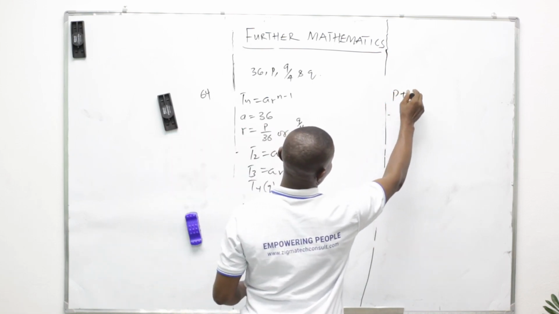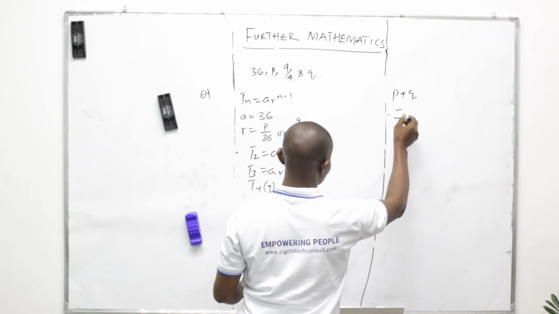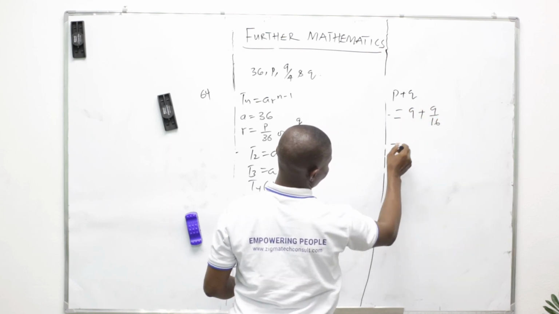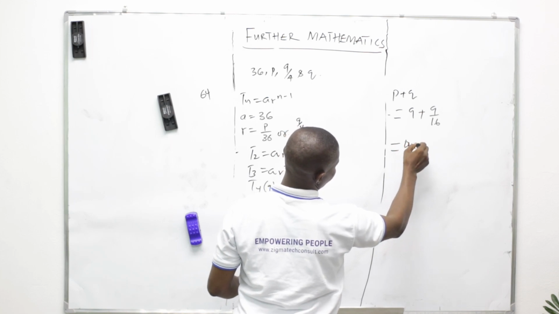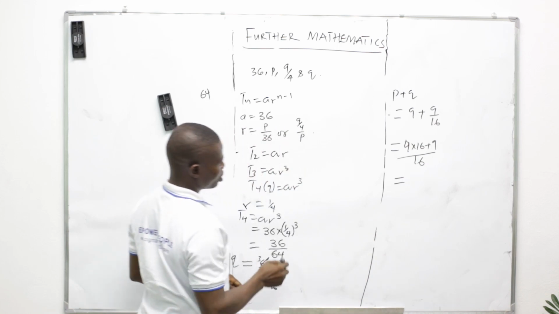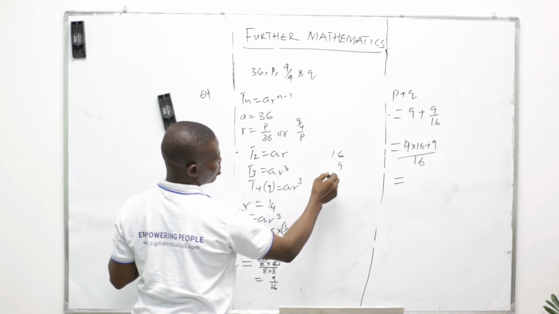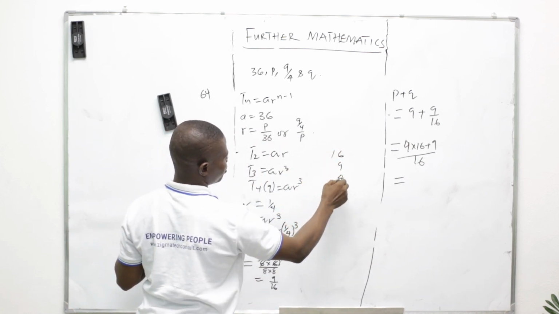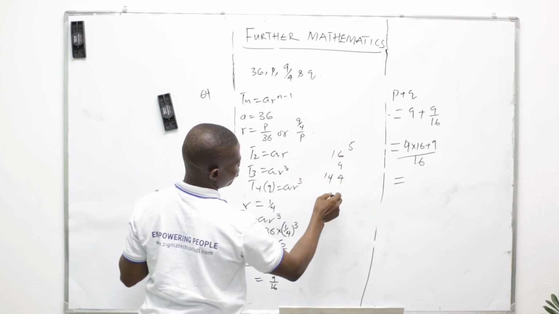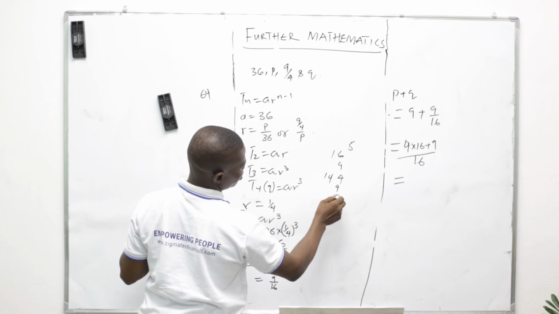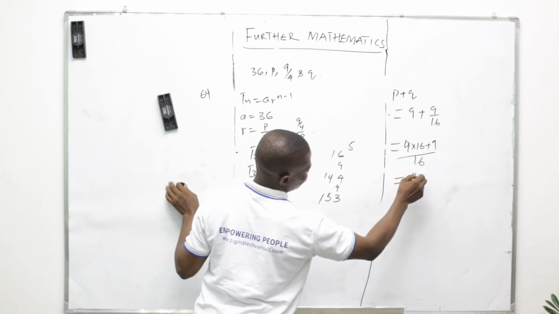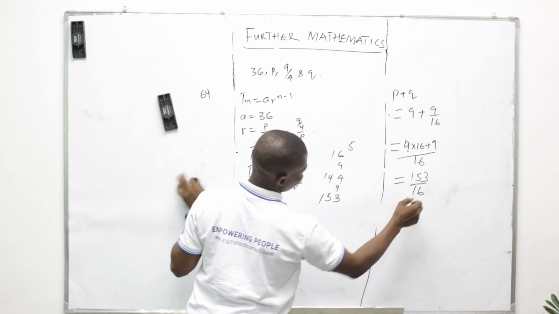So P plus Q equals 9 plus 9 over 16, that is 9 times 16 plus 9 all over 16, which is 144 plus 9, 153 over 16.